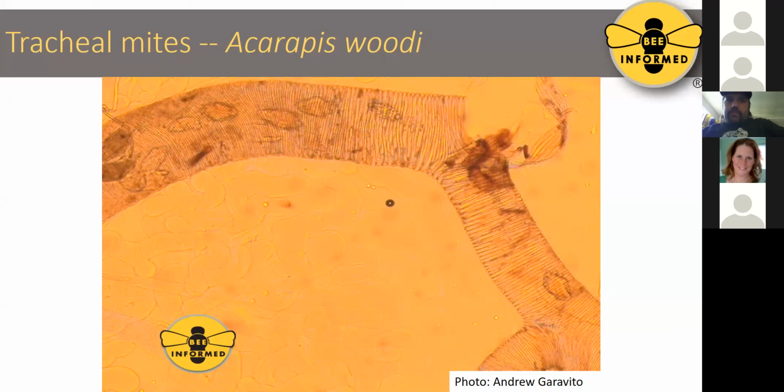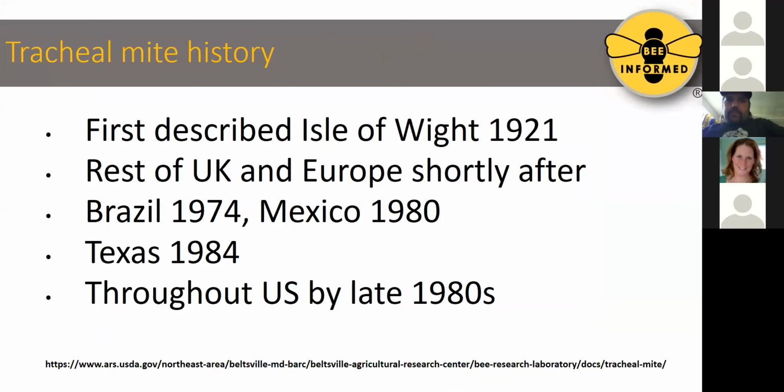Just to give a bit of brief background on this parasite, it was first discovered on the Isle of Wight, which is just an island off Great Britain. In 1921, they'd been having, through the 1900s, the 19-teens, a lot of high losses.